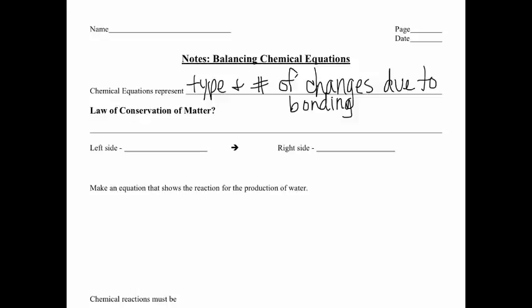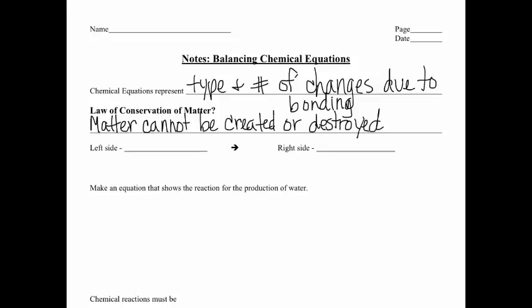So a reminder of the law of conservation of matter. Matter cannot be created or destroyed. So in the course of your reaction, you can't have any atoms created, you can't have any atoms destroyed.